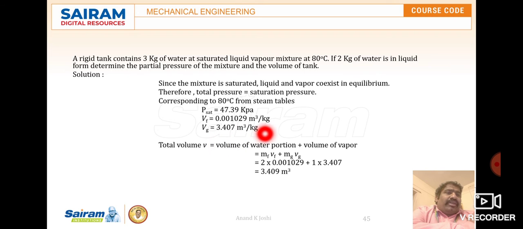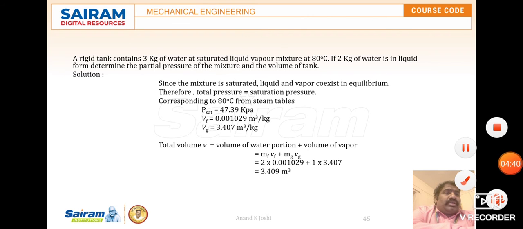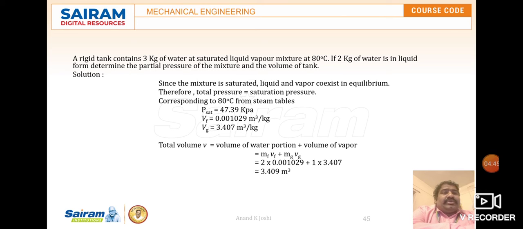These values we observe from the steam table corresponding to 80 degrees centigrade. So the partial pressure we found here is 47.39 kilopascal. Once we know this, we can also calculate the total volume of the tank, that is the volume of the water portion plus the volume of the vapor.